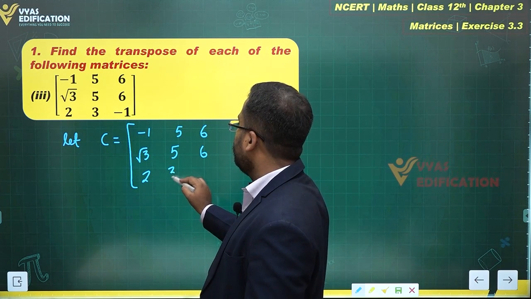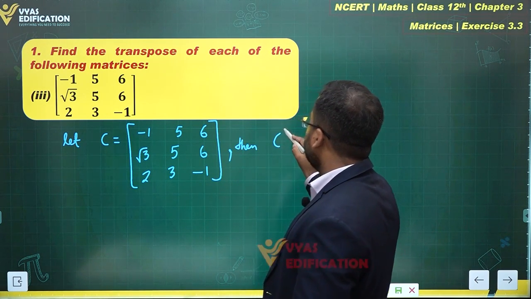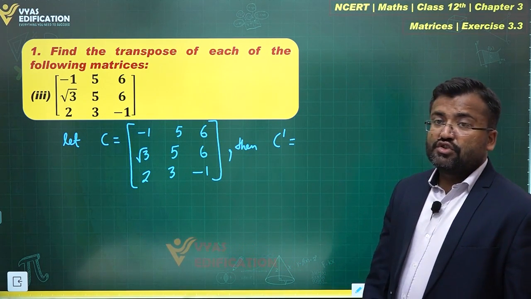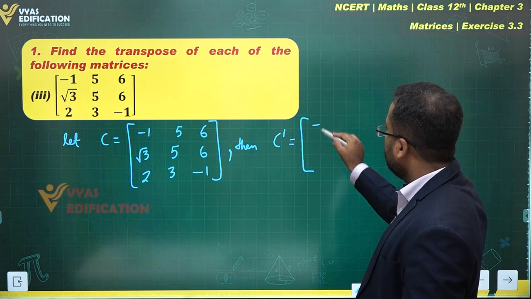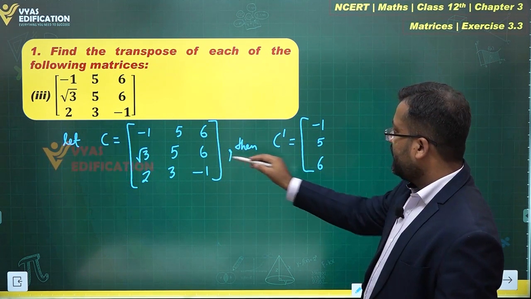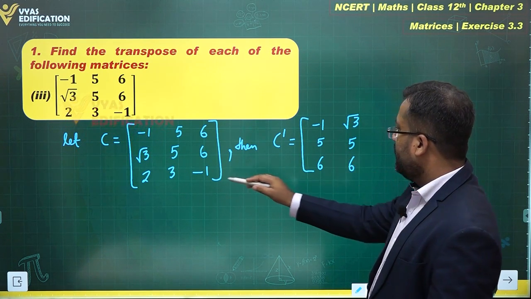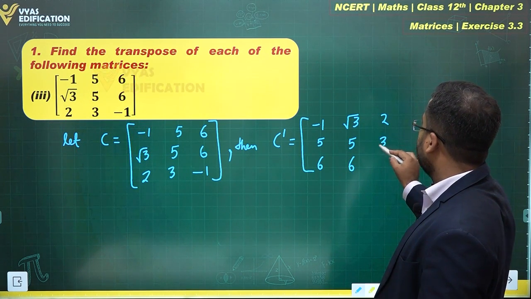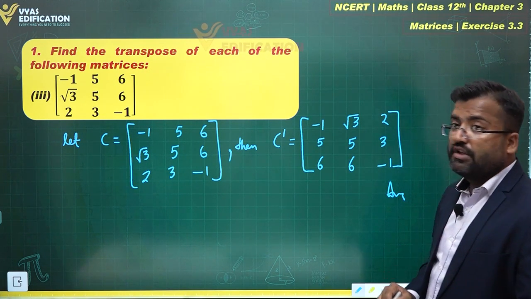This is 2, 3, minus 1. Then C transpose is obtained by interchanging the rows and columns. The first row becomes the first column. The second row becomes the second column. The third row becomes the third column. And this is my answer for this question over here.